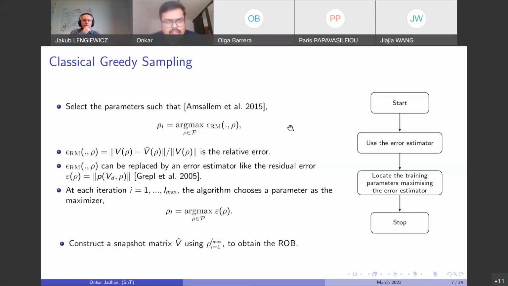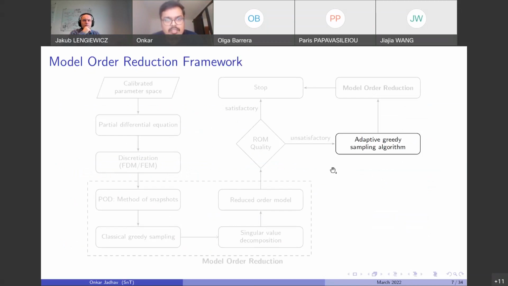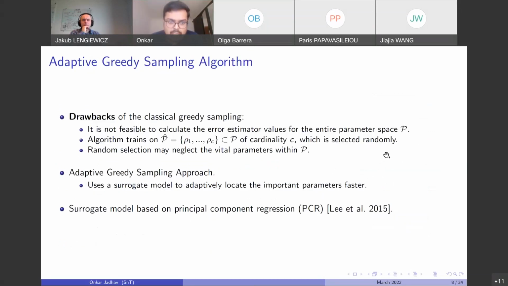However, this classical greedy sampling approach has some drawbacks, and that's why I developed an adaptive greedy sampling approach. First of all, it is not feasible to calculate the error estimator values for the entire parameter space P. And that's why this classical greedy sampling algorithm is usually trained on some subset P_cap of cardinality C, which is usually selected randomly.